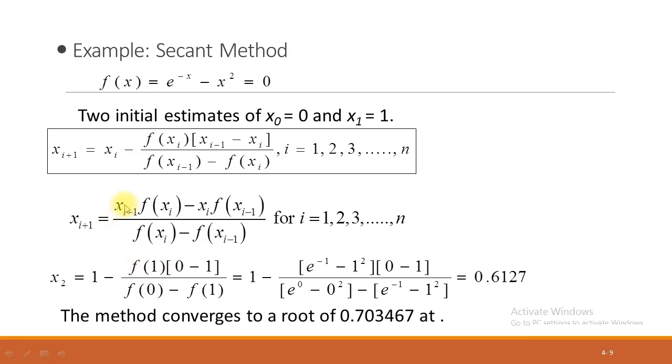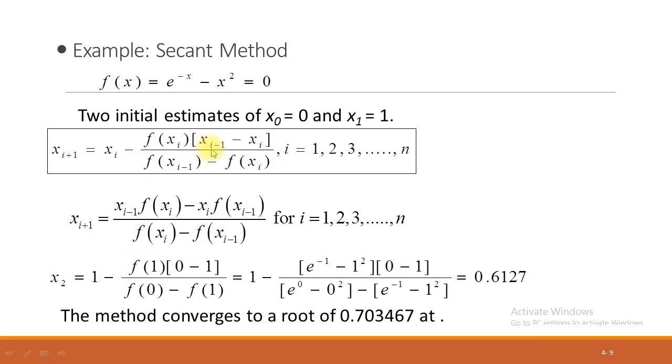You see here, for i is equal to 1, the left hand side becomes x2 and this is x1, the x1 value is 1, so calculate the function at 1.